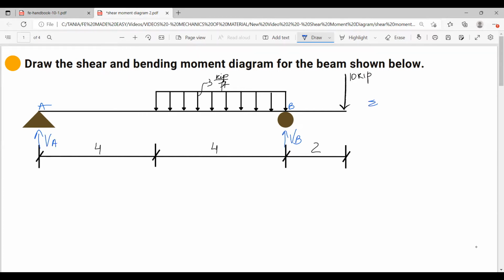So I'll do sum of moments at point A equals 0. From here I will have VB times 8 minus 10 kips times 10 minus 3 kips times 4. That's the resultant force, and the arm is going to be 6, equals 0.